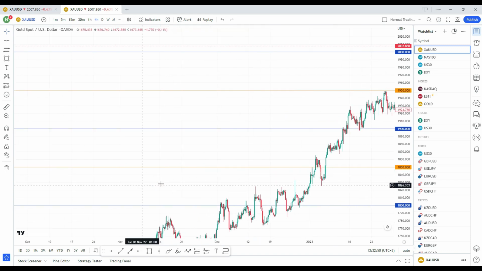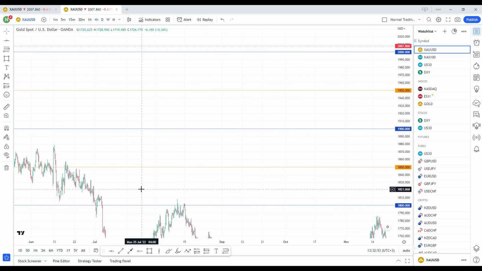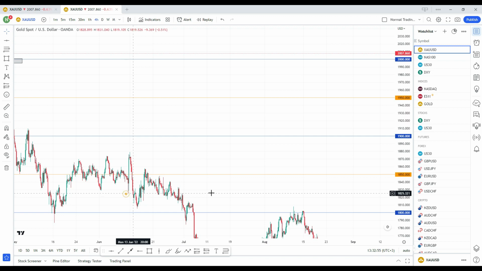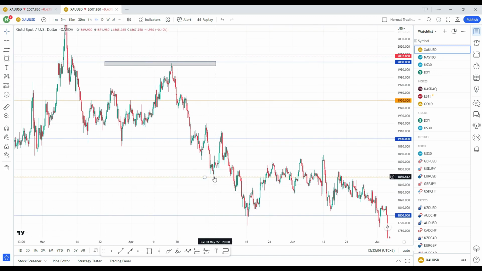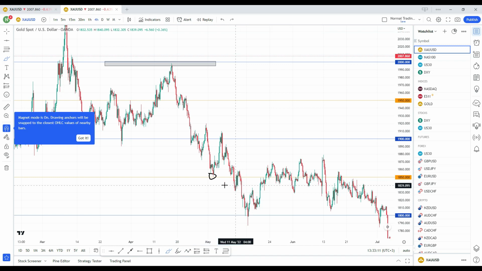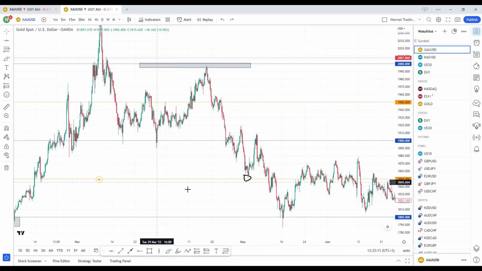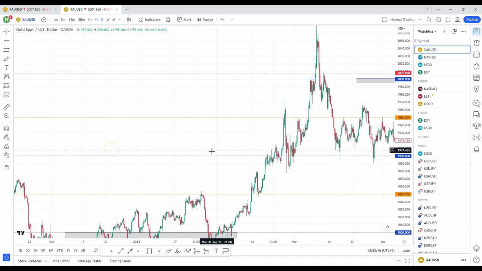Within other zones, look at this, this is a zone, it became resistance here. Also this one, a very strong resistance, became support here. It became a strong support resistance here. This one became strong resistance still.